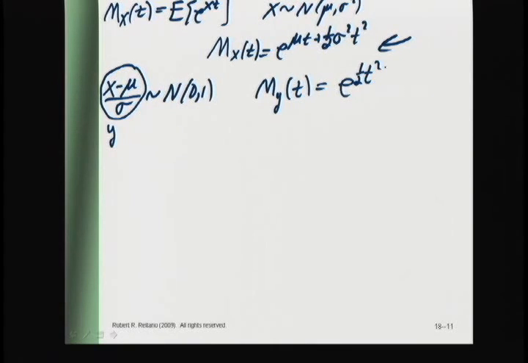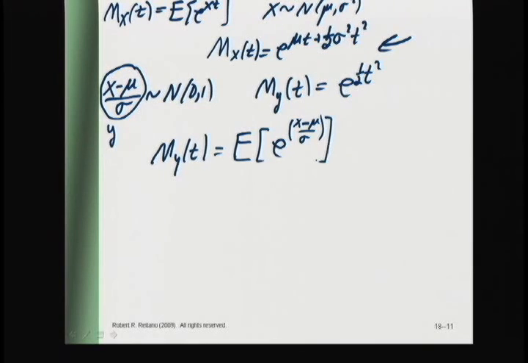So how would we do that? Well, let's just do the math. We have to calculate the moment generating function of y. By definition, this is the expectation of e to the random variable times t. So now let's put in what that random variable is. It's e to the x minus mu over sigma, times t.